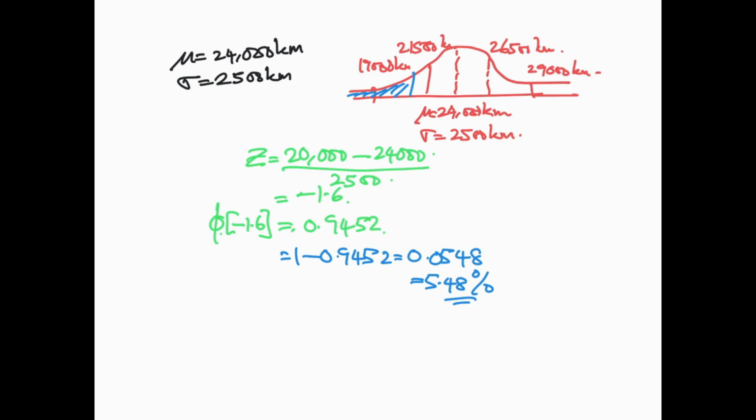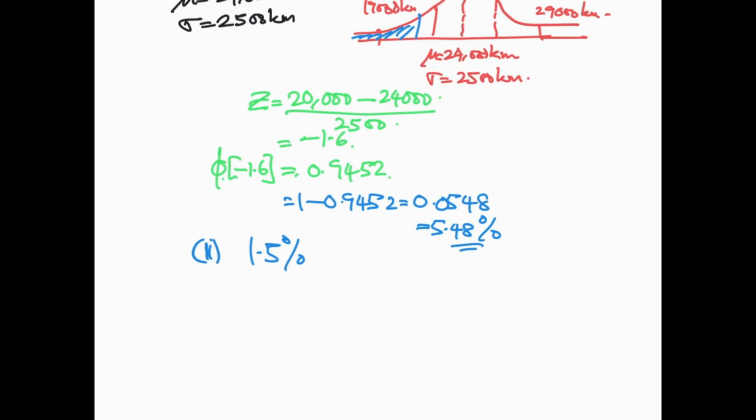Next question. As a result of improvement in manufacture, the length of life is still normally distributed, but the proportion of tires failing before is reduced to 1.5%. So let's do this. Question 2, reduced to 1.5%, which is 0.015.